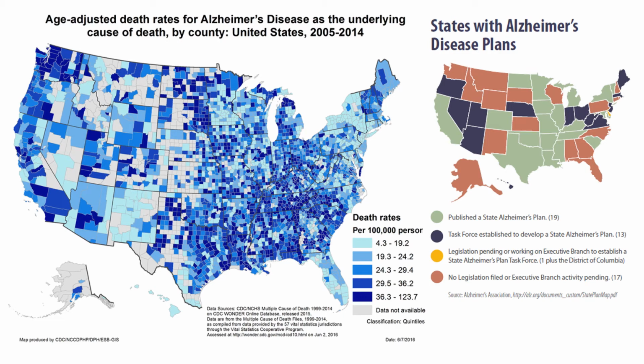When we compare this map to the map on the right, we see that in certain parts of the country where the death rates are higher, there's no legislation filed or any plans to counter the negative effects or the health burdens of this disease.